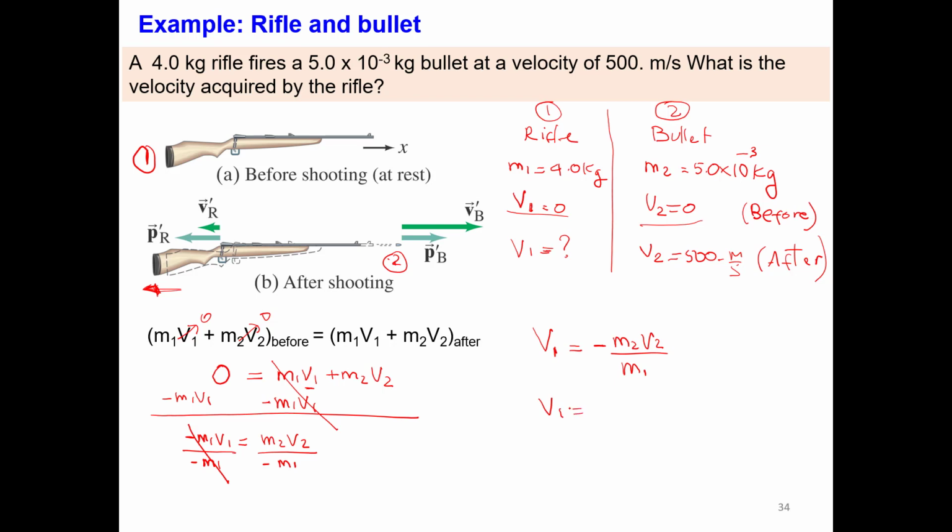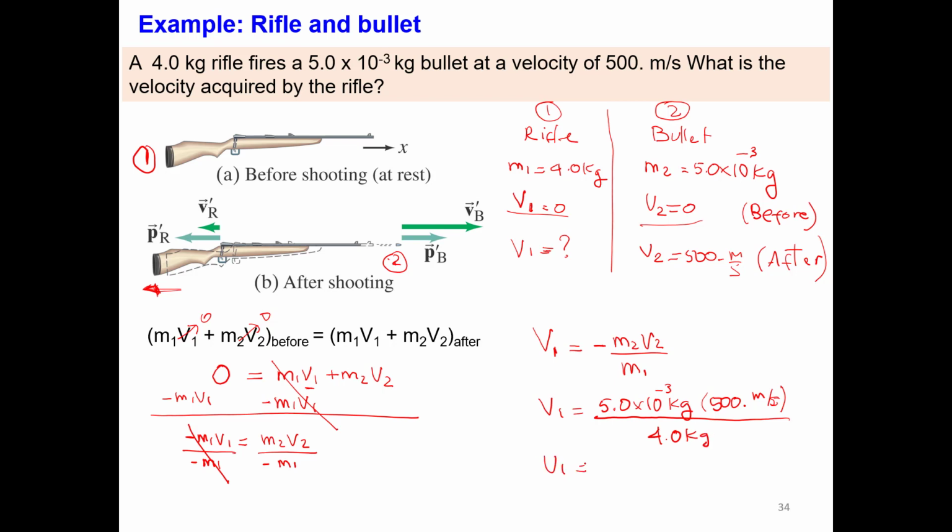And now we can just calculate the mass of the bullet, which is 5.0 times 10 to the power minus 3 kilograms. Velocity of the bullet will be 500 meters per second, divided by the mass of the rifle, which is 4.0 kilograms.